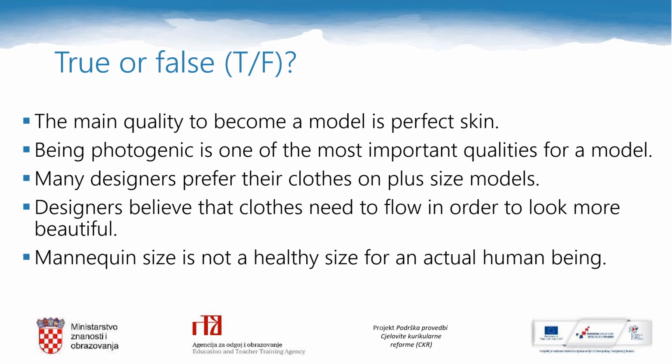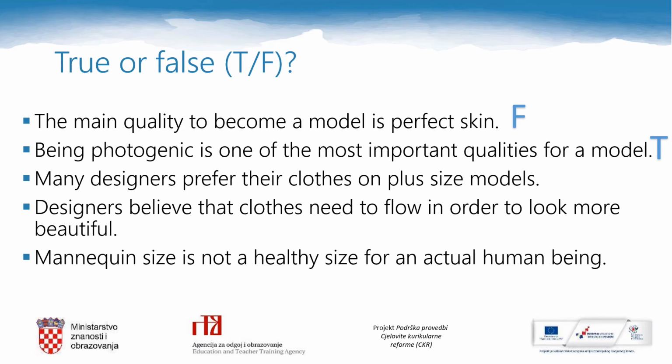Now let's check it together. The main quality to become a model is perfect skin. It is false. The text says that the main quality to become a model is good looks. Being photogenic is one of the most important qualities for a model. It is true.